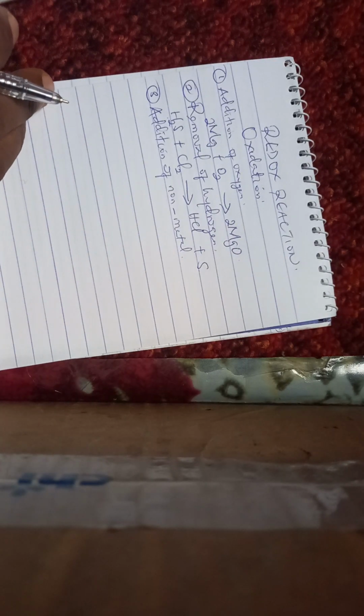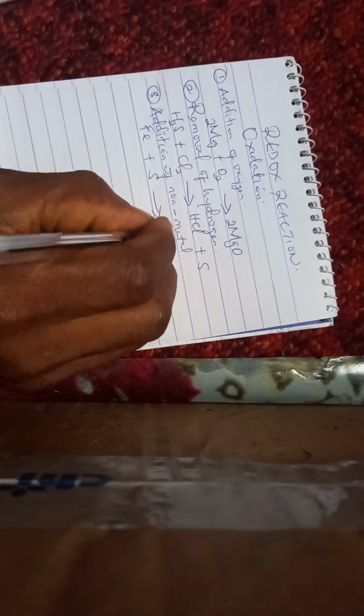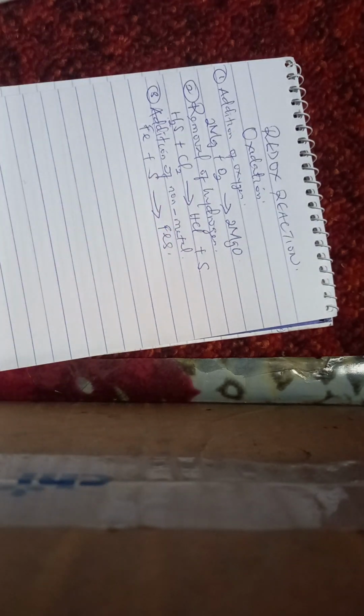When we add non-metal to a substance, it is termed as oxidation. Take for example, iron is a metal. We add sulfur to it, that is non-metal, giving us iron sulfide. This is oxidation.